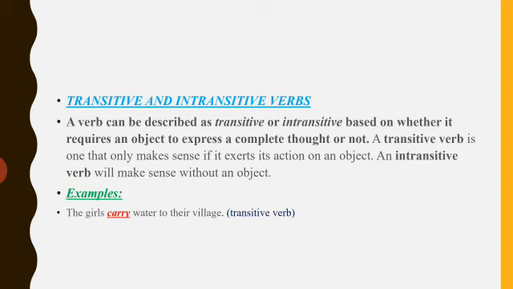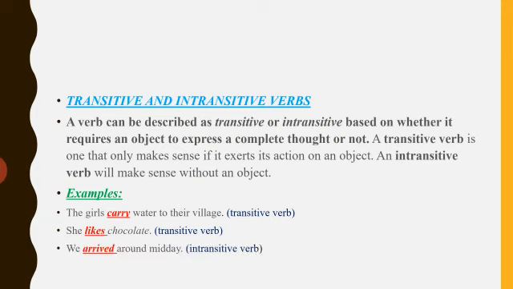The examples are: the girls carry water to their village, so that is a transitive verb. The transitive verb needs an object, and an intransitive verb does not need an object. She likes a chocolate, that is also a transitive verb, because like is a transitive verb and it needs an object for itself to complete.